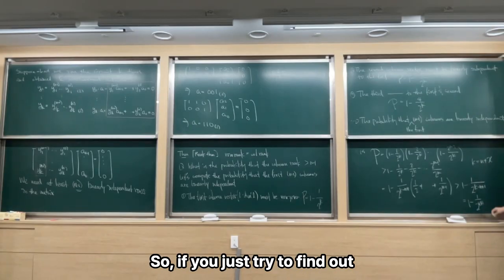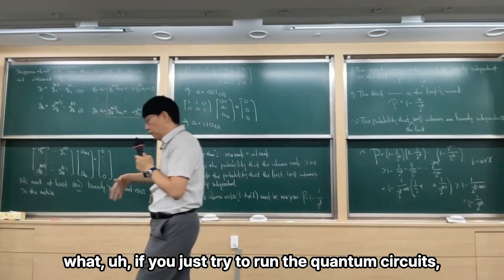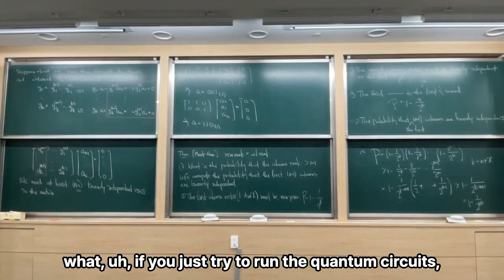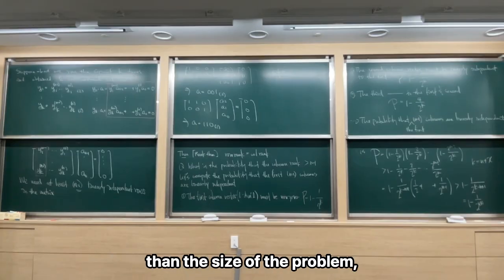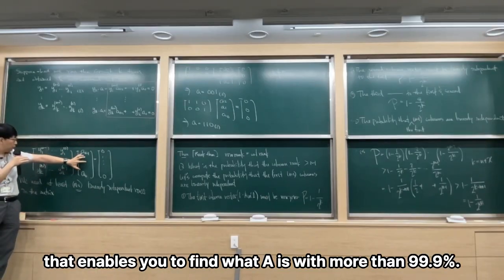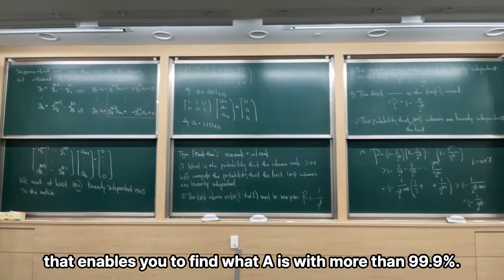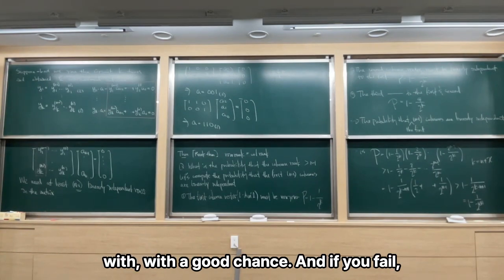So if you just run the quantum circuit, Simon's algorithm, 9 times more than the size of the problem, you get the answer. You will get the equations that enable you to find what A is with more than 99.9%, almost 100%, but not exactly 100%, but with a good chance.